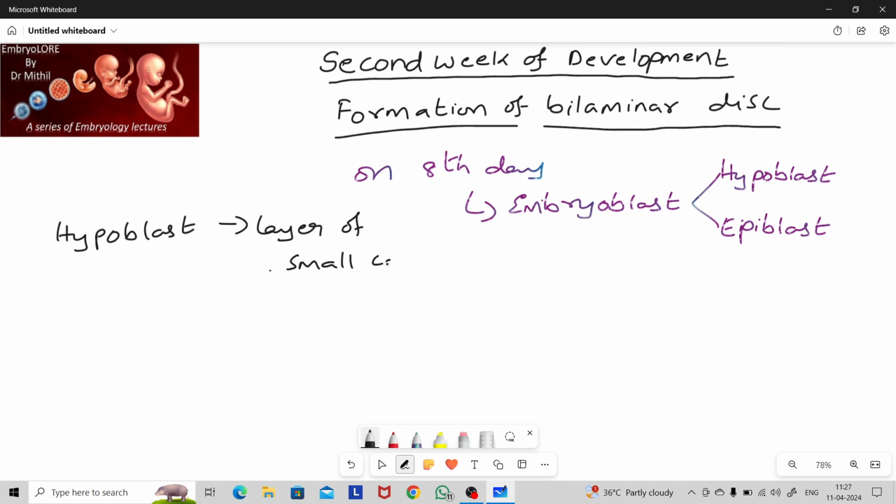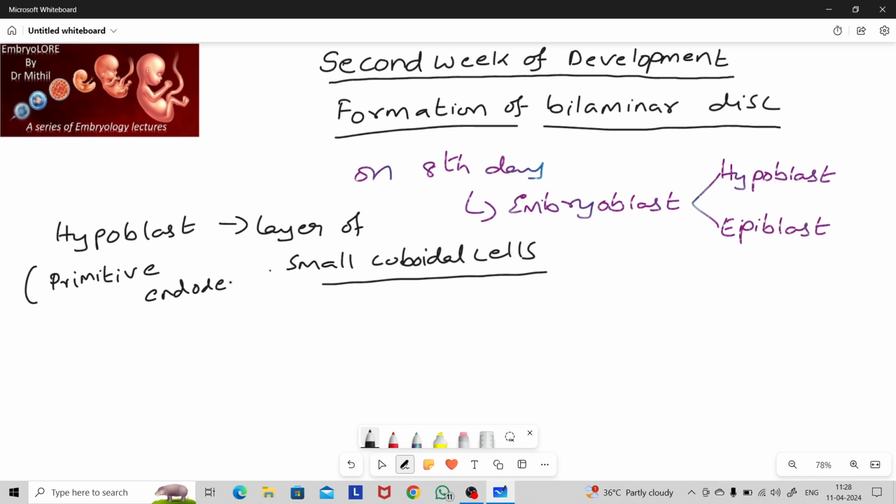So the epithelial lining is to be importantly remembered. Small cuboidal cells, usually asked in the MCQs. The hypoblast is lined by cuboidal cells, and it has a separate name, the primitive endoderm.